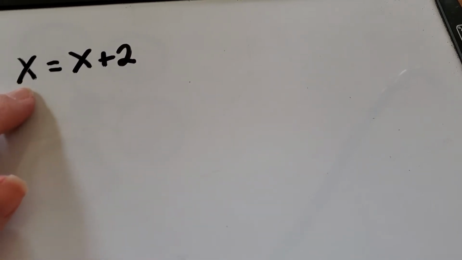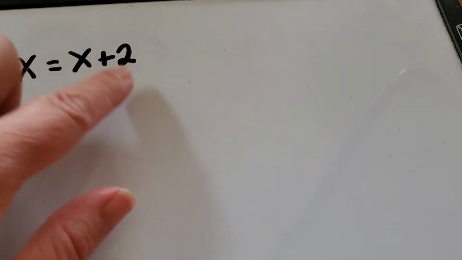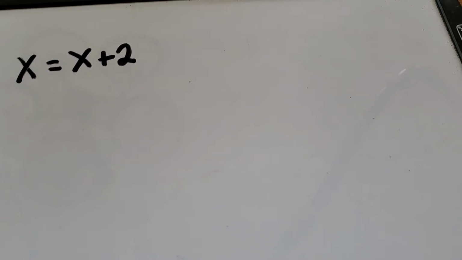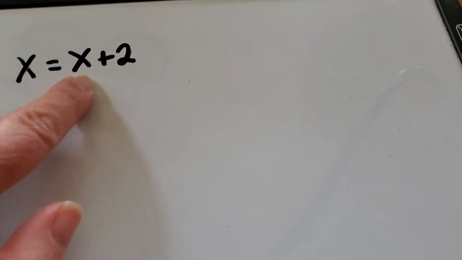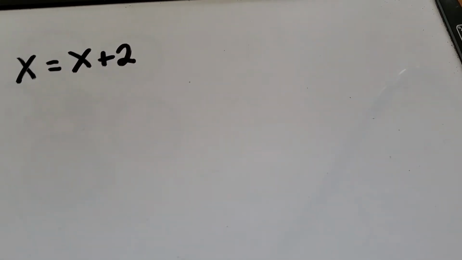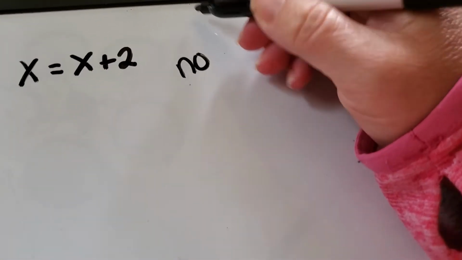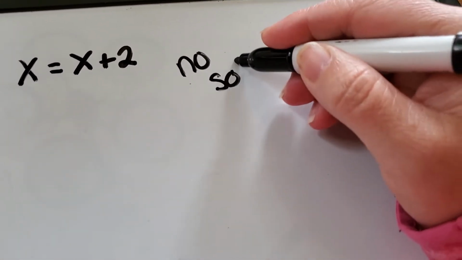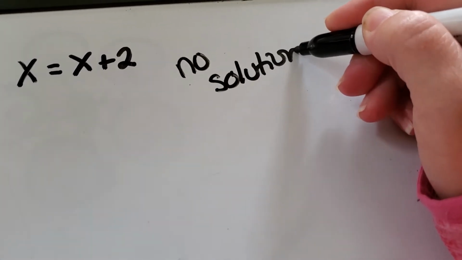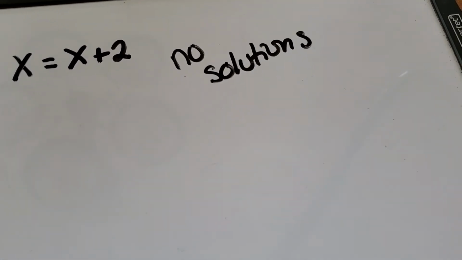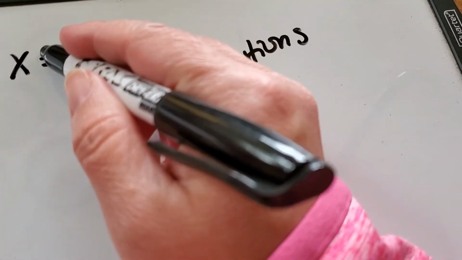Or negative 2 equals negative 2 plus 2? Is there a value that you could plug in for x so that that value is the same as the number plus 2? Definitely not. This equation has no solutions.